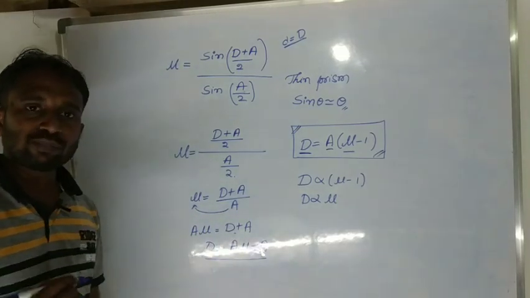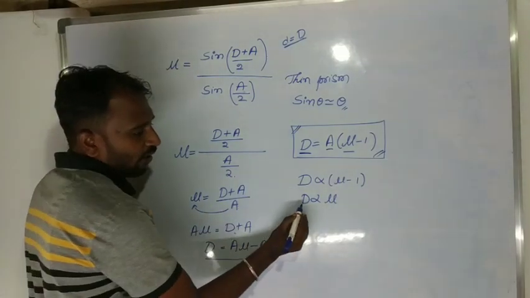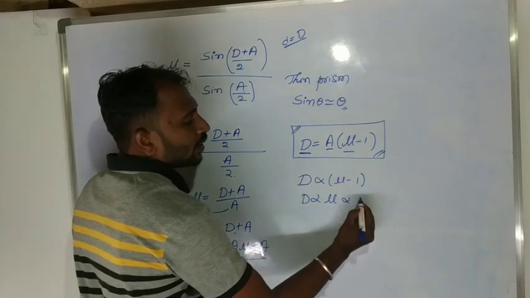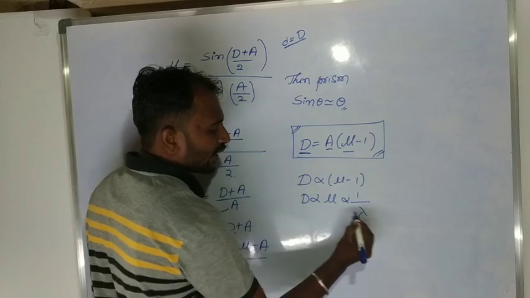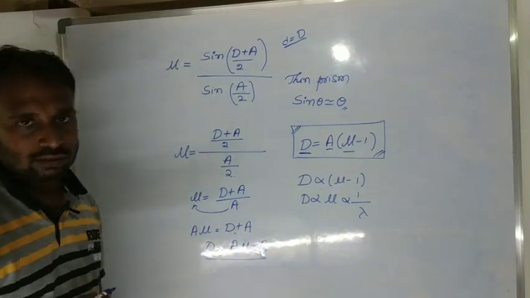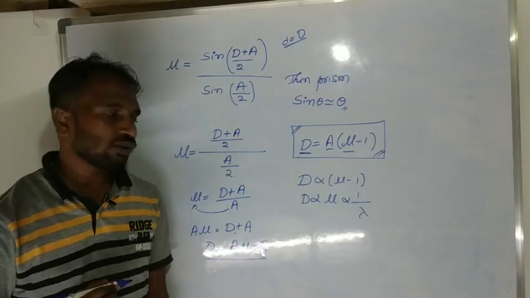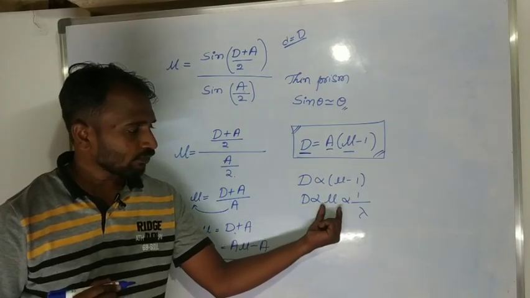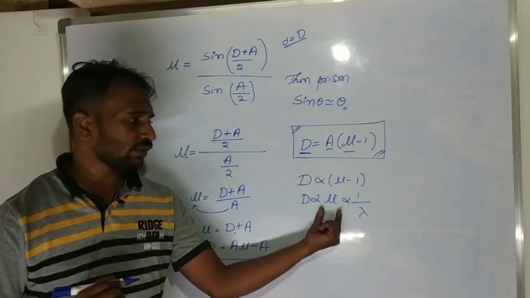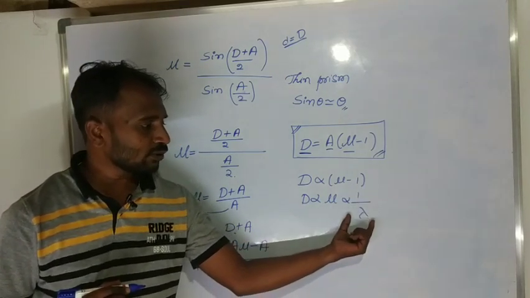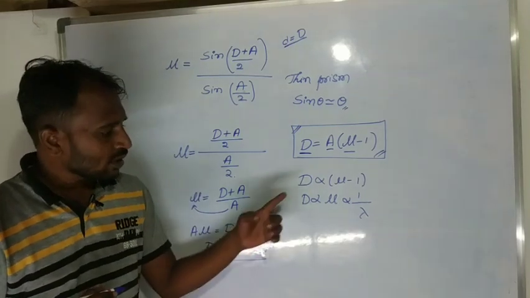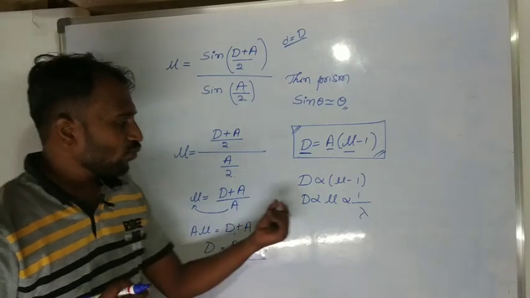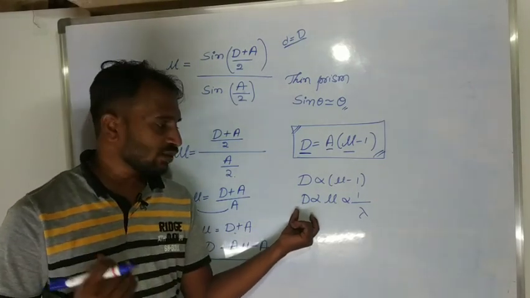And the angle of deviation is inversely proportional to the wavelength of the light. Suppose the refractive index of the material of the prism increases, then what happens? The angle of deviation also increases.